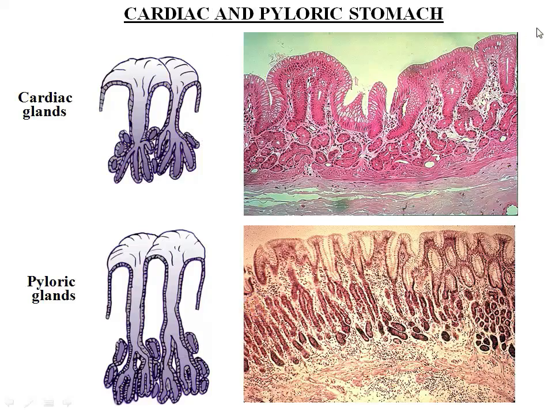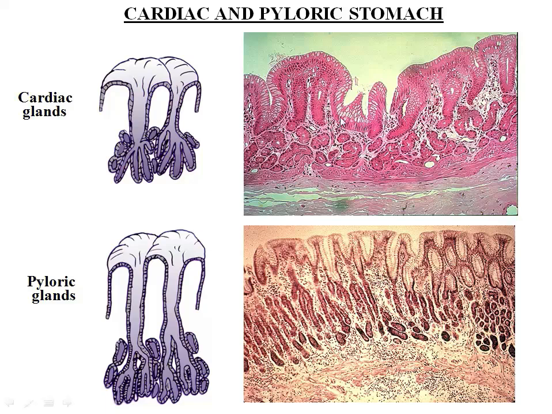Here you can see a comparison of the structure of the cardiac and pyloric stomach. This lower portion is the pyloric portion, and in our previous slide discussion we said that in the pyloric portion you will find more mucosal glands, whereas in these portions we find the maximum secretory portions, that is, gastric glands containing parietal cells, chief cells, zymogen secretions and mucus secretions.